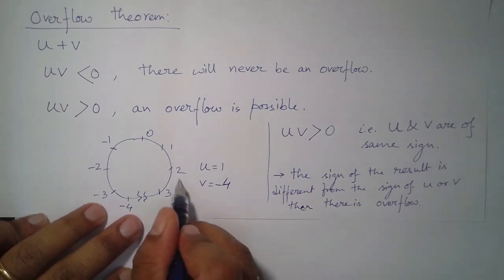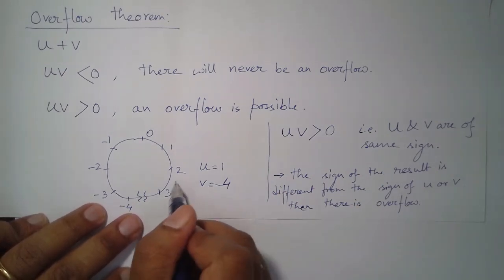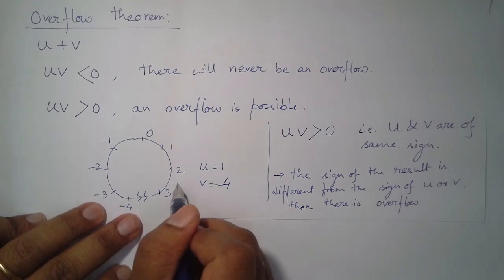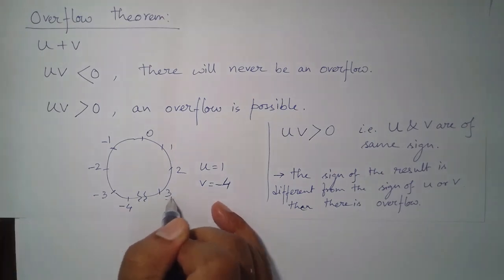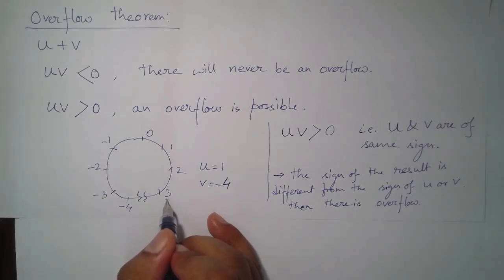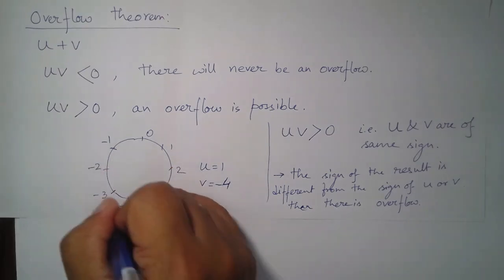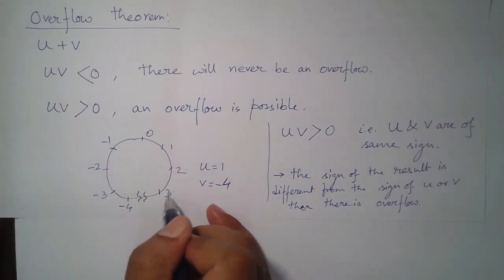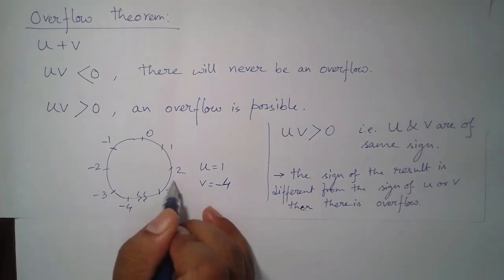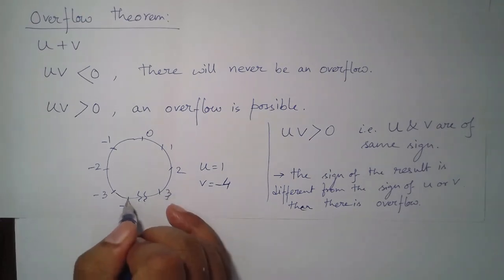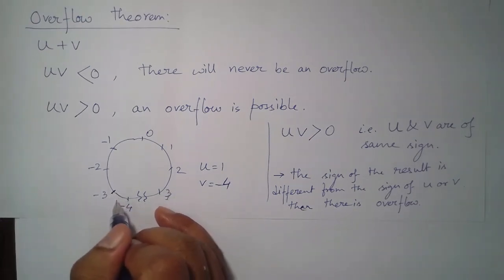If I add 3 and 2, both are positive. Basically with 3 if I add 2, I have to move in the clockwise direction on the number circle. So I'll be ending up here. I'll move 2 steps. So the result is -3.